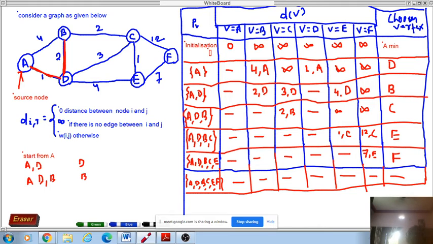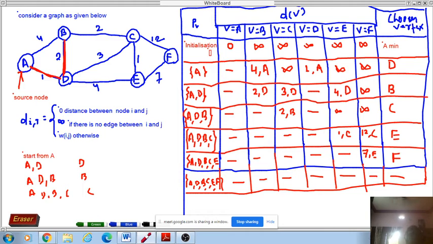A, D, C. Next is D, you have done. I'm just writing that one only. So you have chosen C, so it will go to C. Where will it go? C or D? B to.